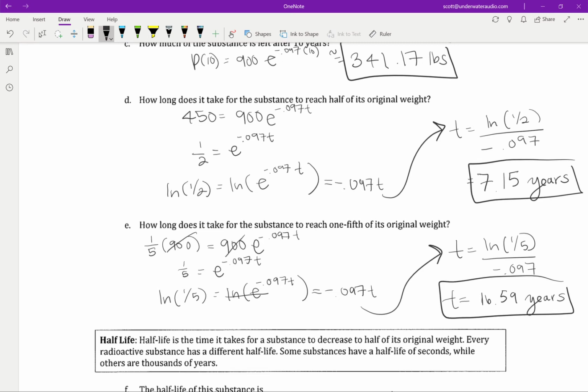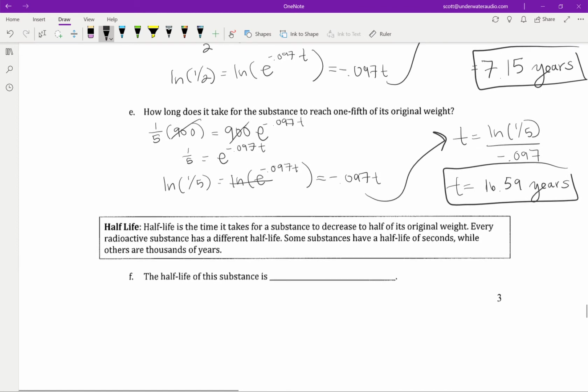Okay, let's keep going. So a little note here is that half-life is the time it takes for something to decrease down to half of its original weight. It's exactly what it sounds like. Half-life is the time to become half of what it was. Every radioactive substance has a different half-life.